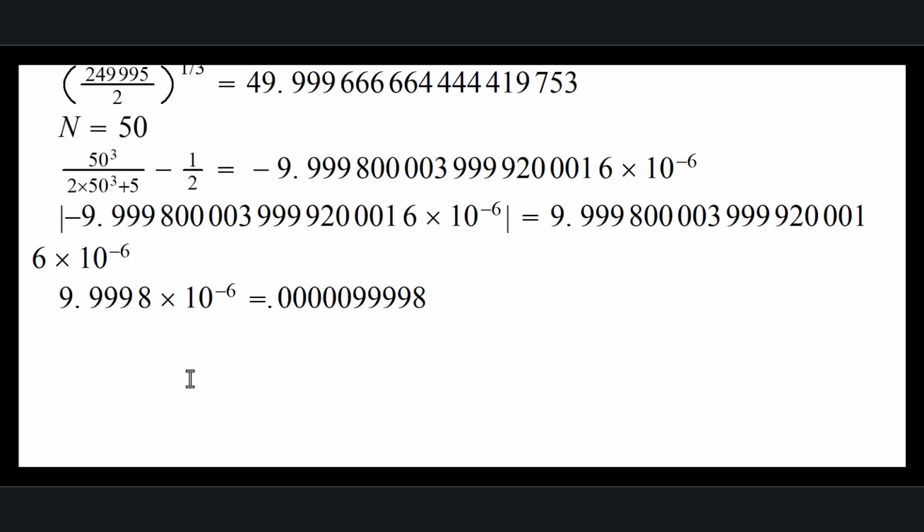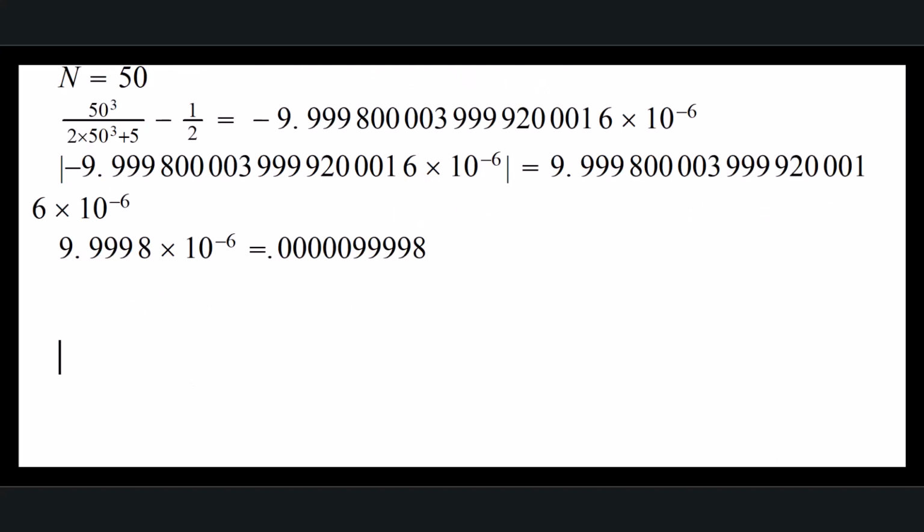But the situation may not always be that fast, so let's just take one more example. Say for instance a sub n is equal to 2 to the power 1 over n. Now in this case, as n goes to infinity, you can see 1 over n goes to 0.